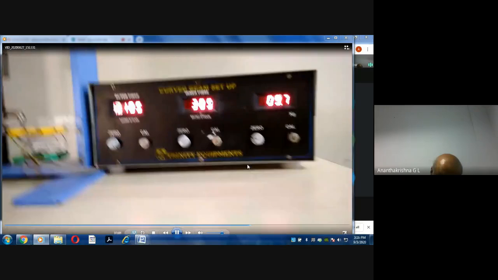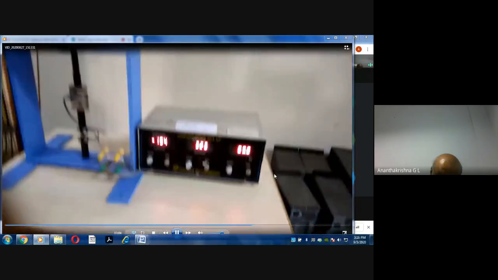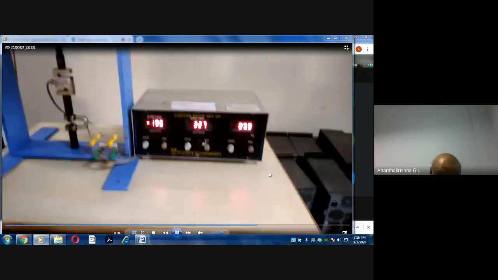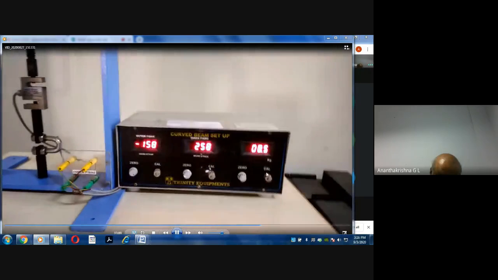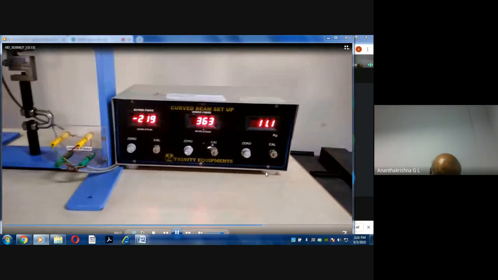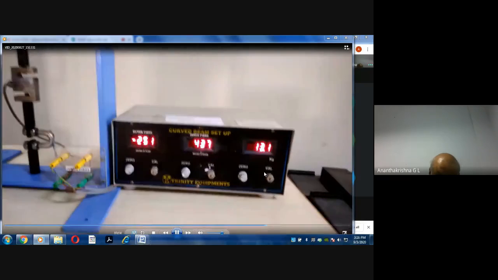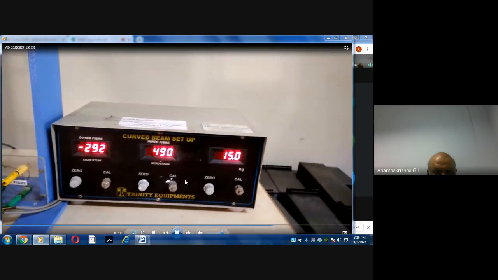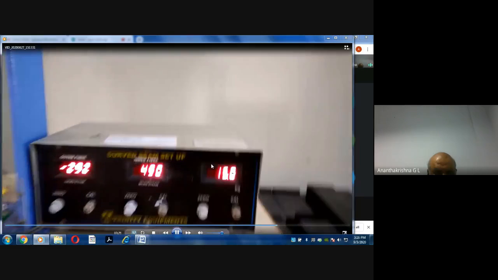So like this, take reading for 15 kgs and note down the micro strain readings, and then calculate stresses at inner and outer fiber for various loads and compare them with your analytical solution. Now it is 15 kgs.